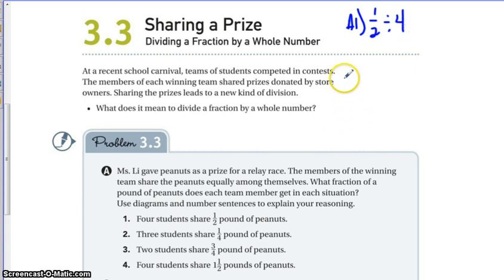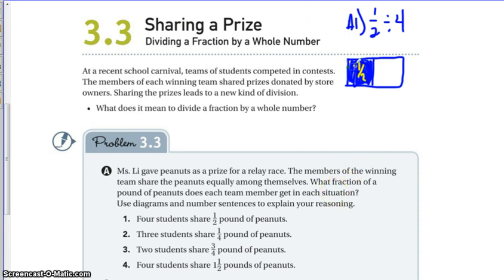Okay, so what I can do to model this would be if this represented 1 pound, if I had half of that, okay? So here's half. This is my half that I have. So I'll real quick write 1/2, and I'm sharing it with 4 people.